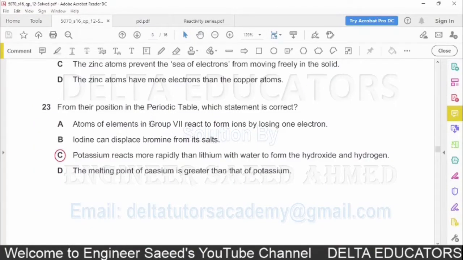So here it is our correct option. Option D, the melting point of cesium is greater than that of potassium. Melting point depends on the molecular mass or atomic mass. Now atomic mass of cesium is more as compared to potassium, so melting point of cesium will be more as compared to potassium. So option D is also incorrect. Here correct option is option C.